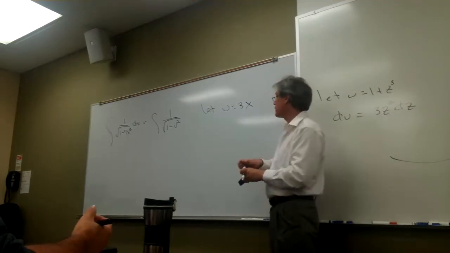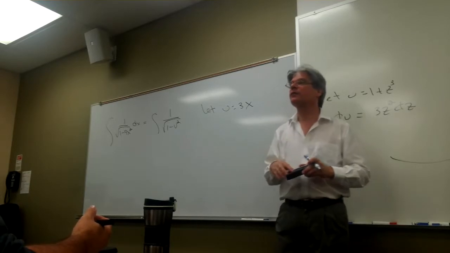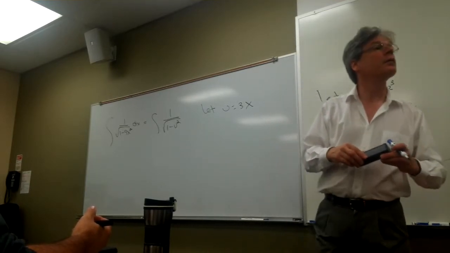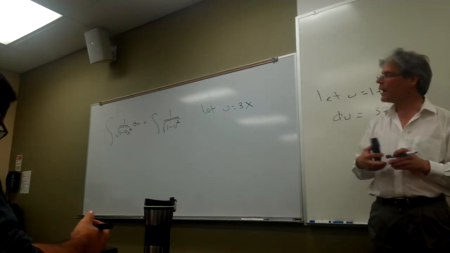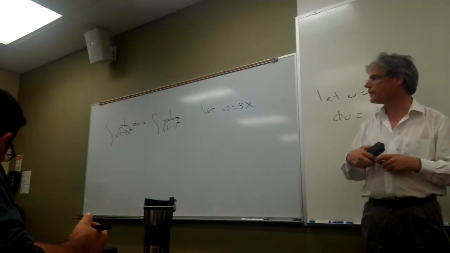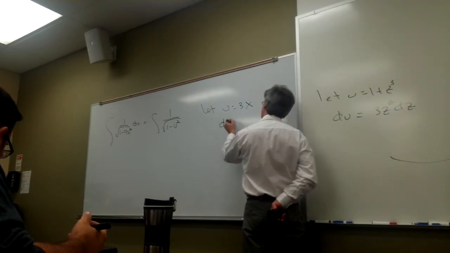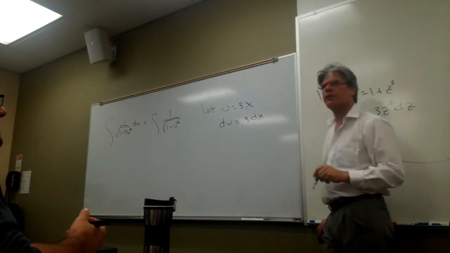What's another name for x? u over 3. What's another name for x squared? u squared over 9. Would that work in making the substitution click? If it does, hey, the consequence. What's du? 3dx.